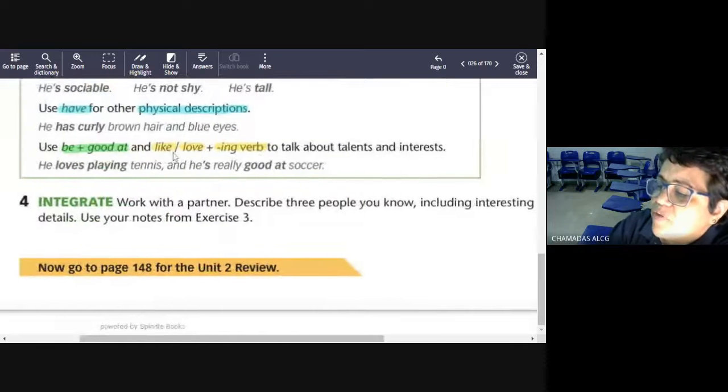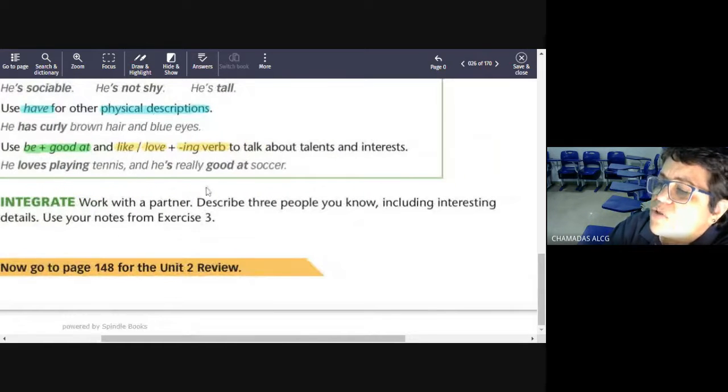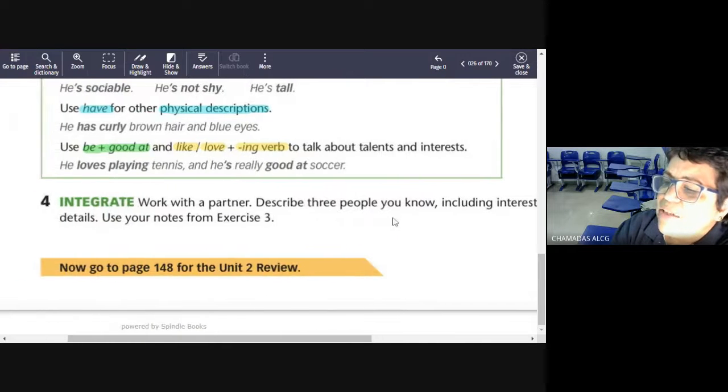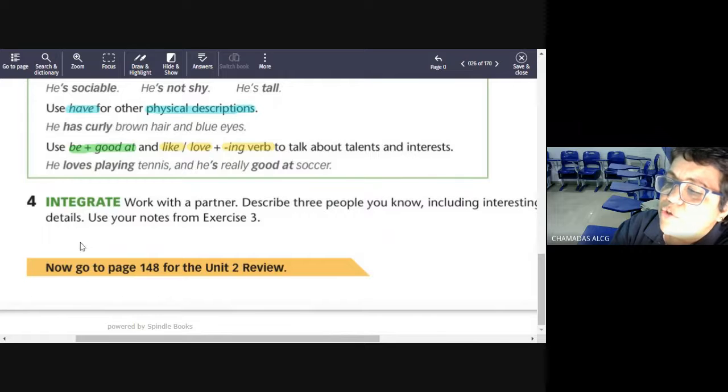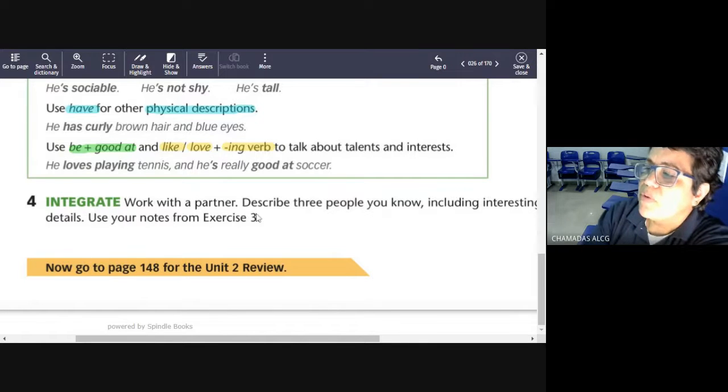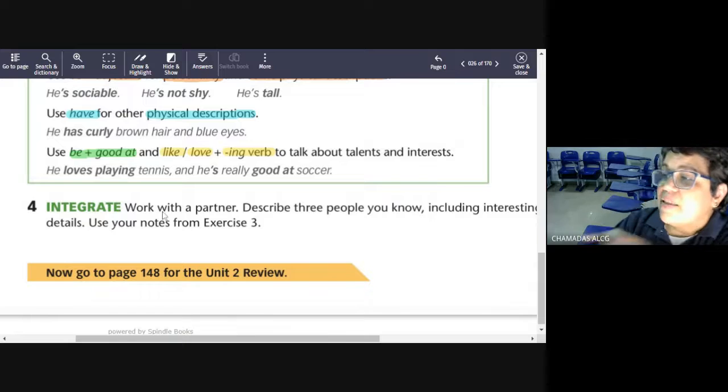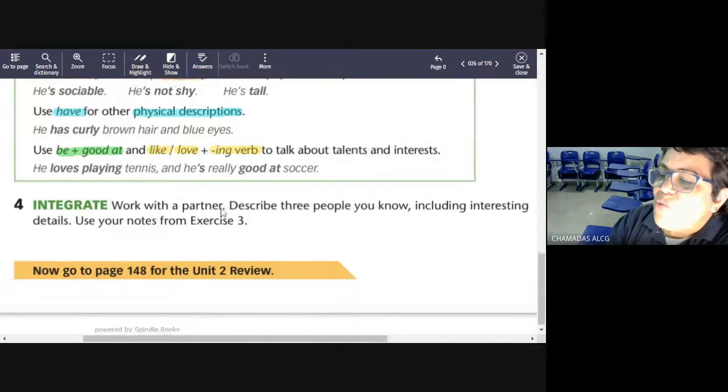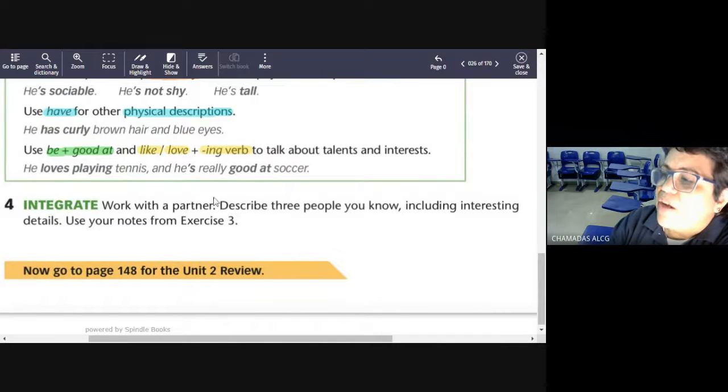Now here, the final part is describe 3 people you know, including interesting details. Use your notes from exercise number 3. So guys, this I will ask for homework, okay? So this is one part of the homework.